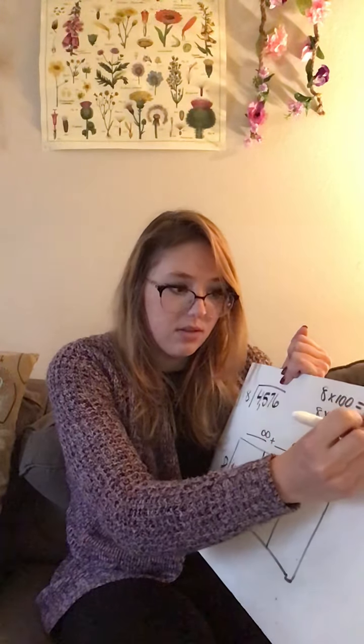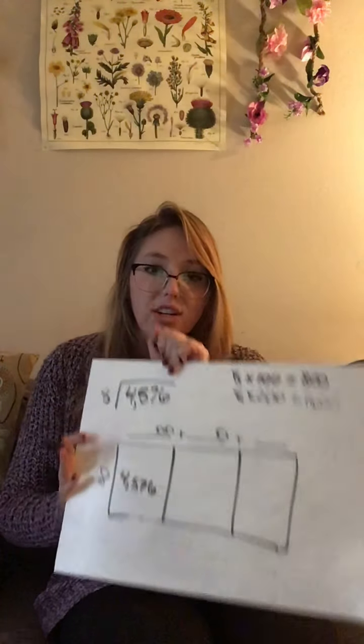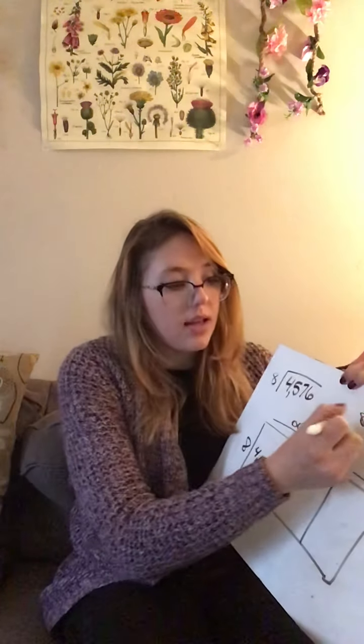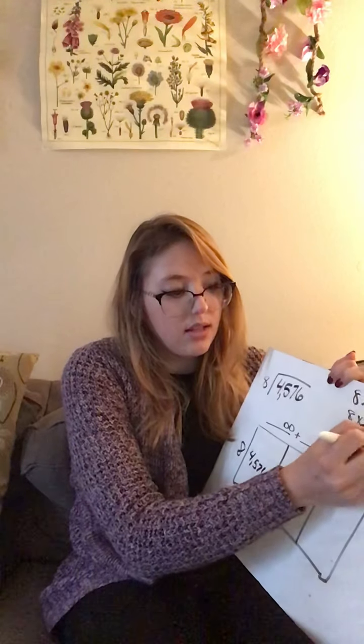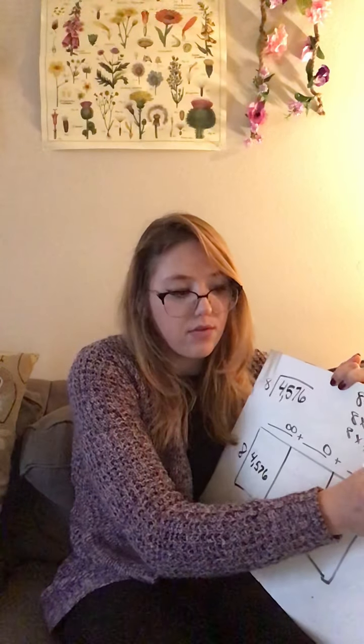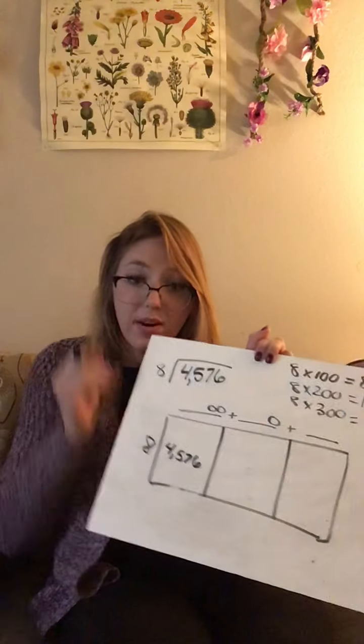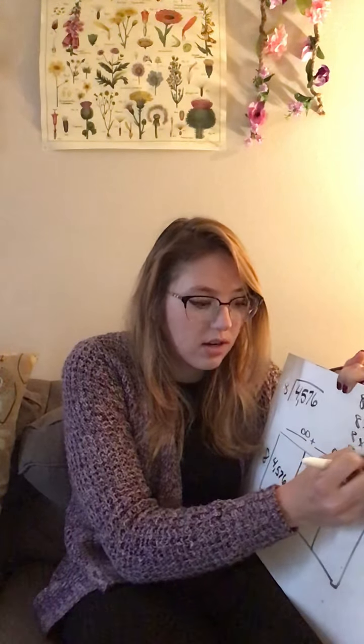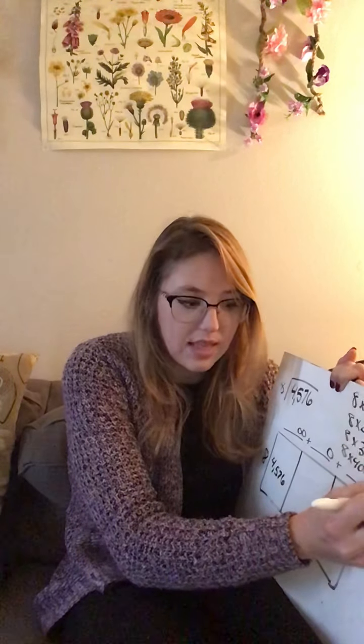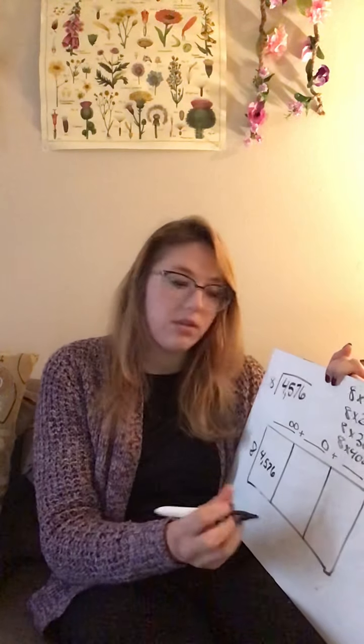I know 8 times 2 is 16 with 2 zeros. That's 1,600. I can keep going. 8 times 300. 8 times 3 is 24 with 2 zeros. That's 2,400. I can keep going. I'm going to try 8 times 400. That's 3,200.